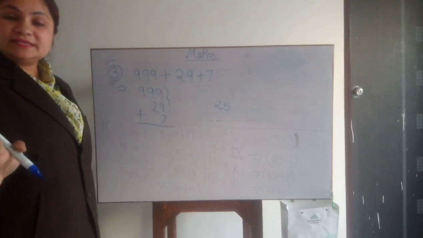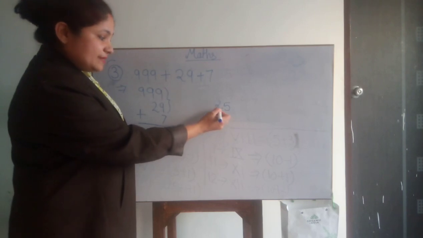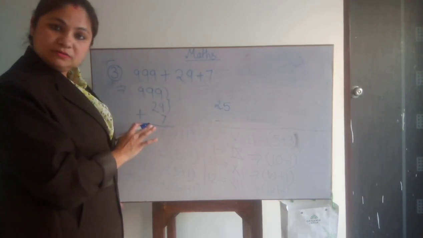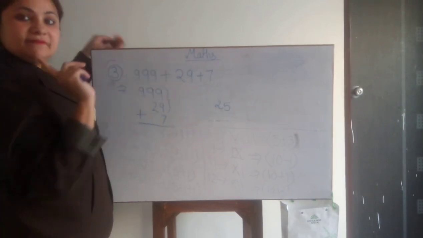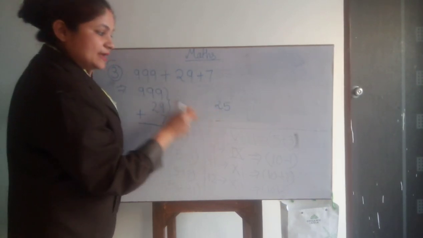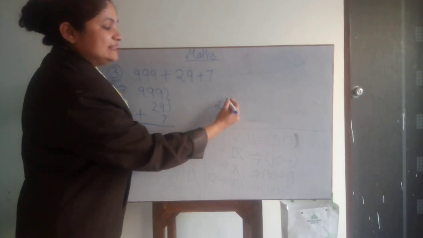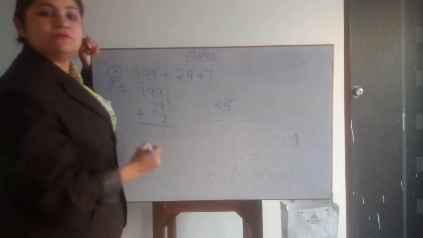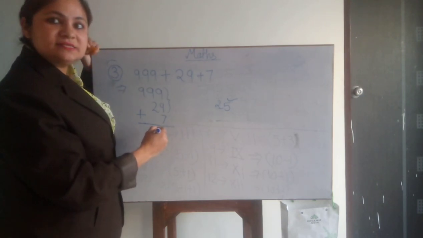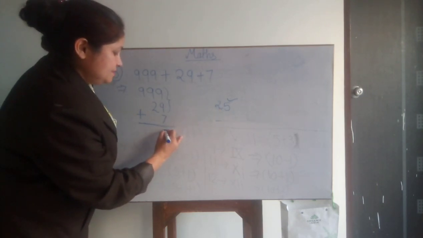But we will not write 25 here. We will choose the digit which is on the ones place. 5 is on the ones place, so we will write 5 here.